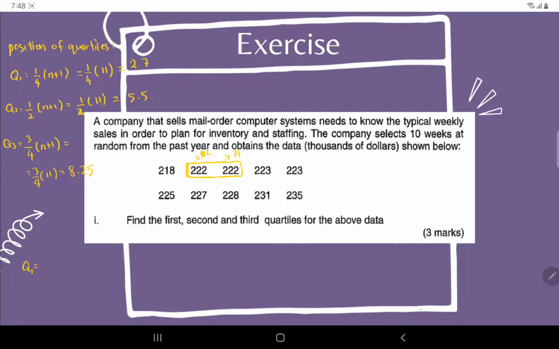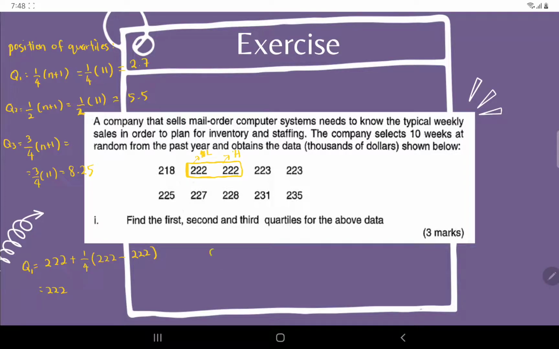Our L is 222 plus our F is 1/4, and then H minus L, 222 minus 222. Here our H and L are the same value, so 222 minus 222 is 0. 0 times 1/4 is equal to 0, and then 0 plus 222 is equal to 222.